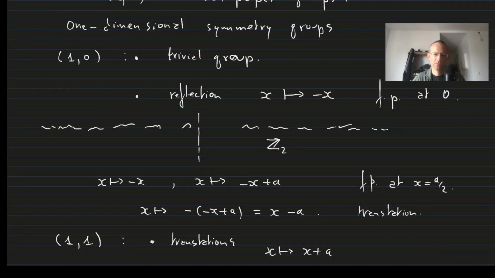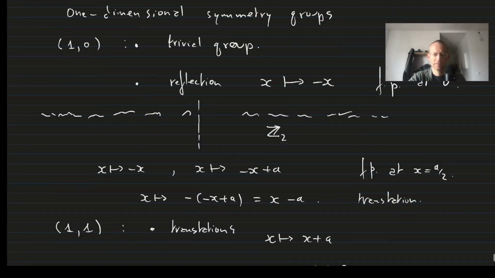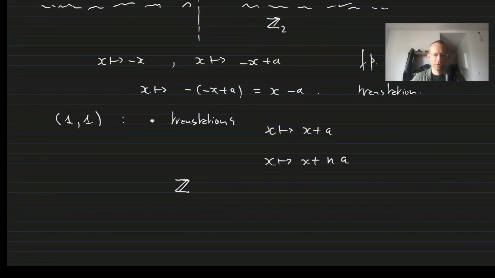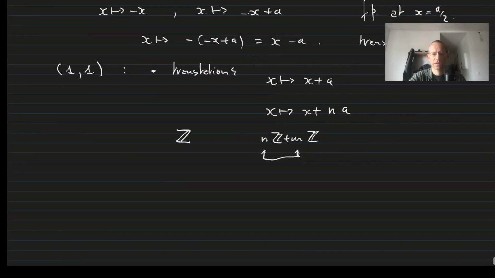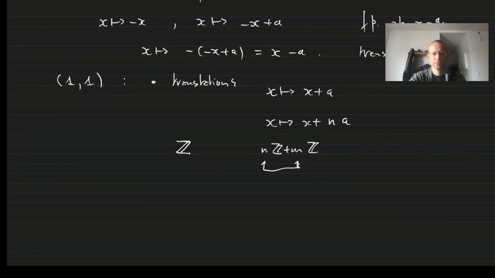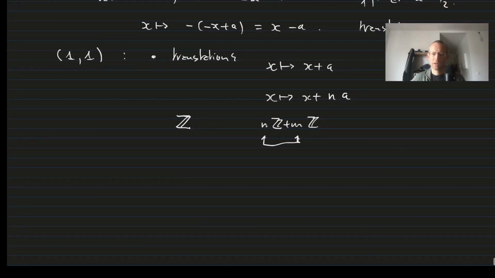So we have the group Z2, and now we have Z. Now you can ask why not nZ plus mZ, but you can easily see that that's equivalent to another group which is isomorphic to Z. You can also ask why not two incommensurate translations. Well, then you have the whole of R as your possible translations. So that would be just a homogeneous case.